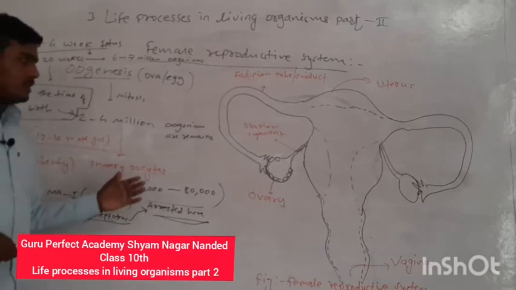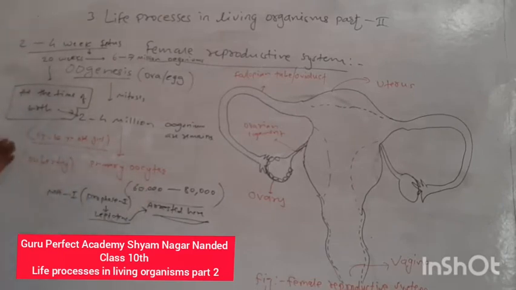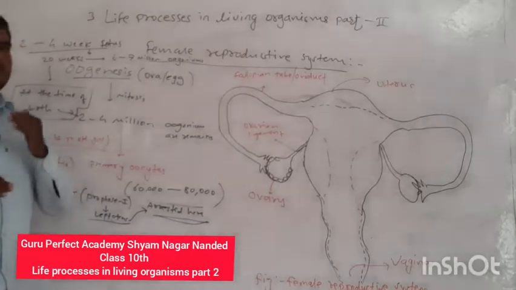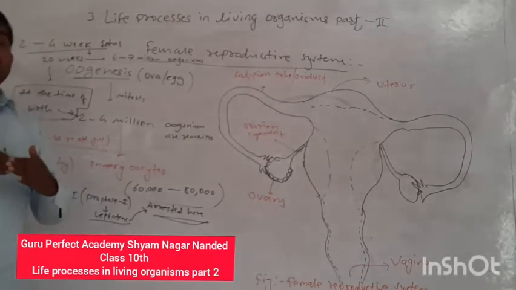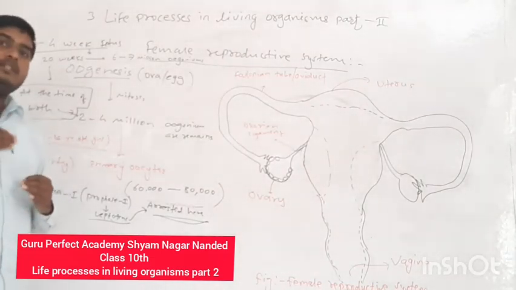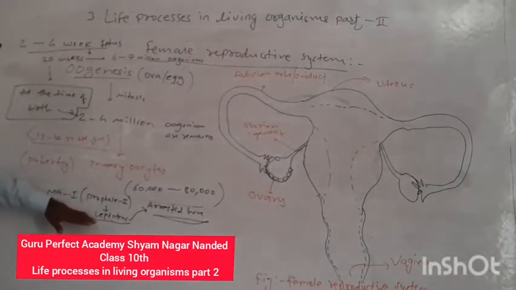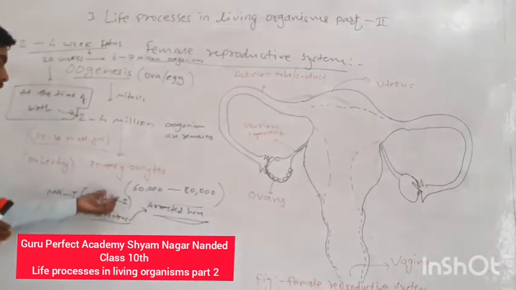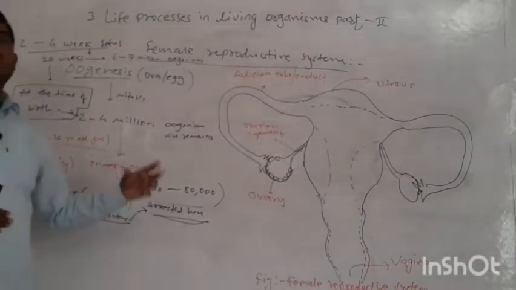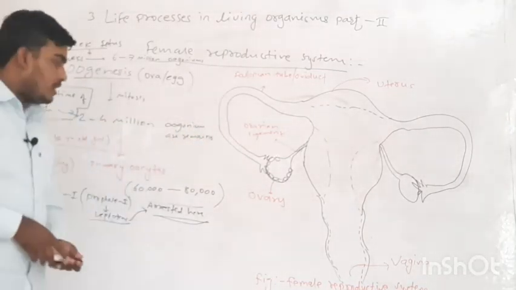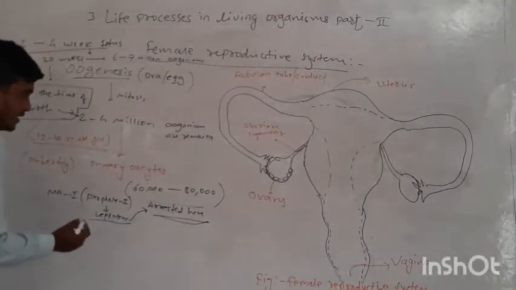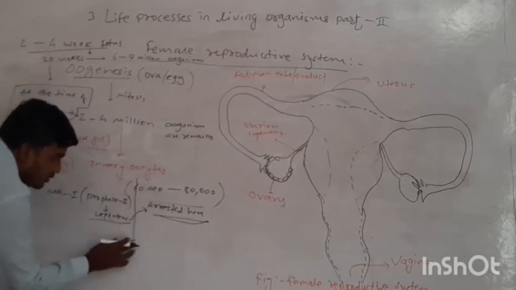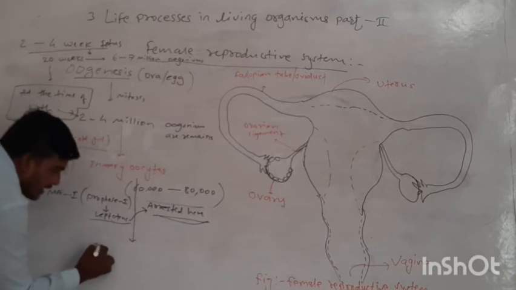That's why only when puberty starts and maturity begins, during the menstrual cycles, only one cell is able to divide meiotically to form an egg cell.